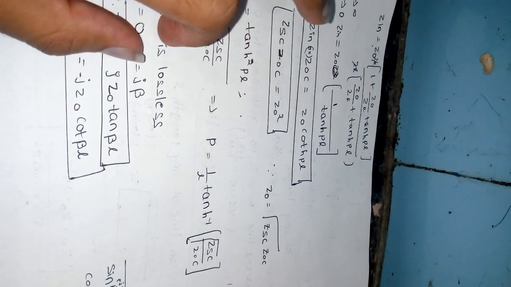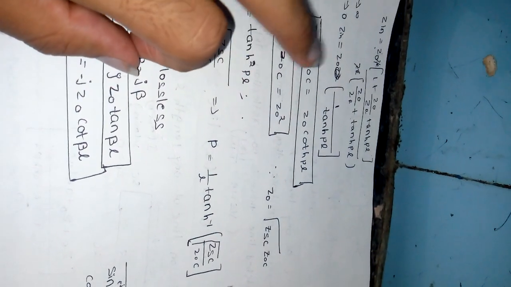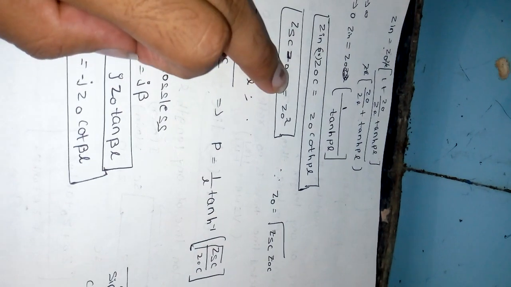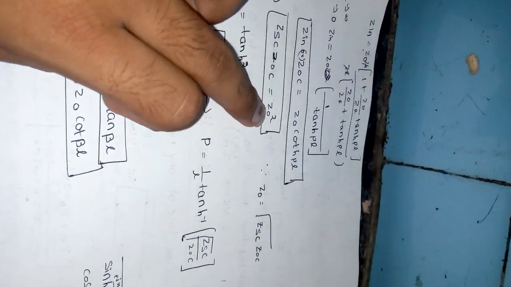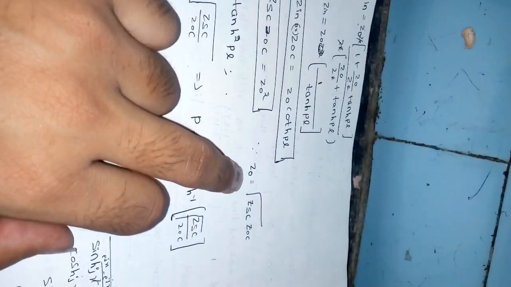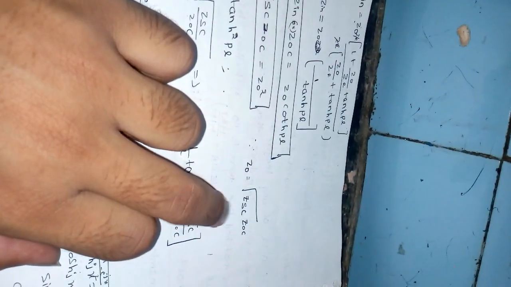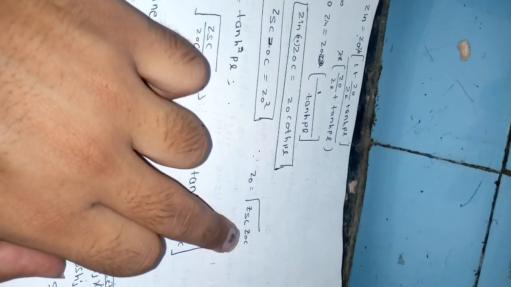When we multiply ZSC, Z0 tanh gamma L, and ZOC, Z0 coth gamma L, tanh and coth are reciprocal to each other, so they get cancelled and we remember only Z0 square. So the characteristic impedance of any line is equal to under root of the short circuit impedance into the open circuit impedance.